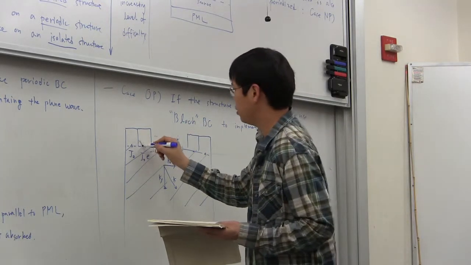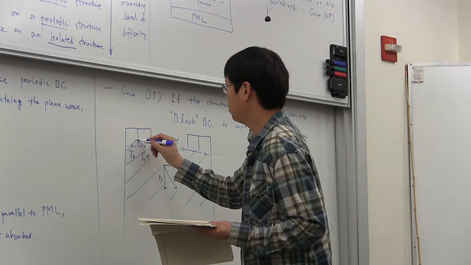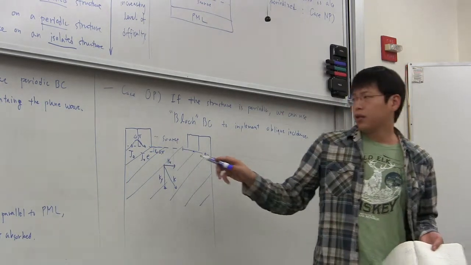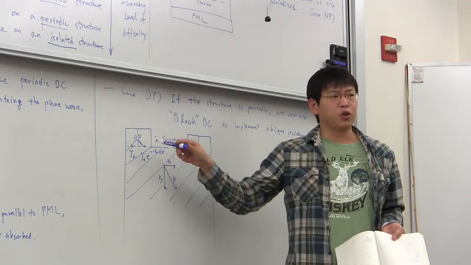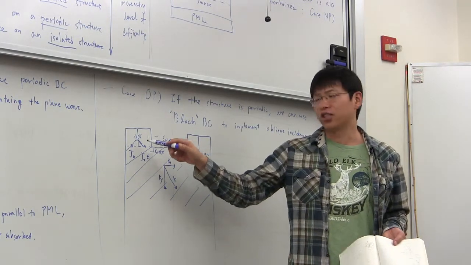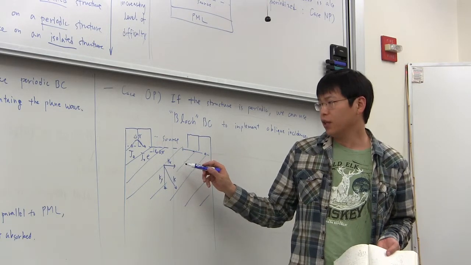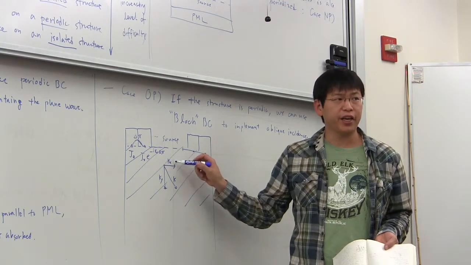So the distance between these two points in the x direction is delta x. So you want to give the phase advance by kx delta x.